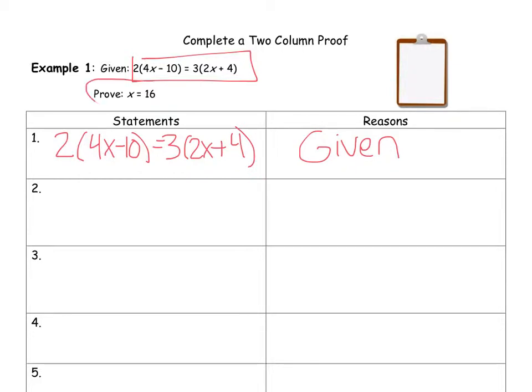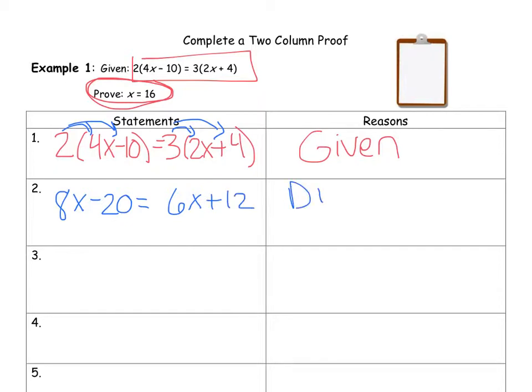So notice that we want to prove that x equals 16. So you would know, even if it weren't in a proof, that you are going to distribute your 2, and on the other side you would distribute your 3. So we would have 8x minus 20 equals 6x plus 12. Your reason is your distributive property.